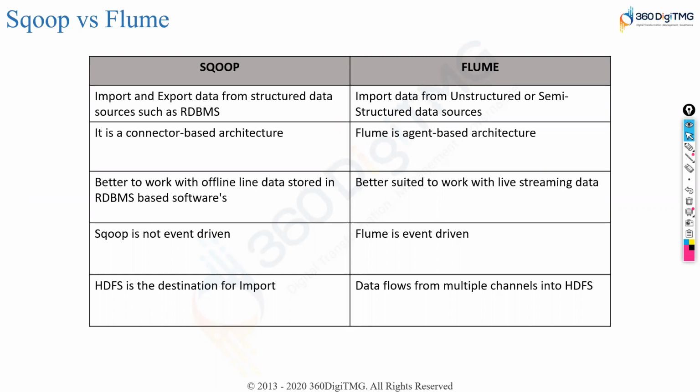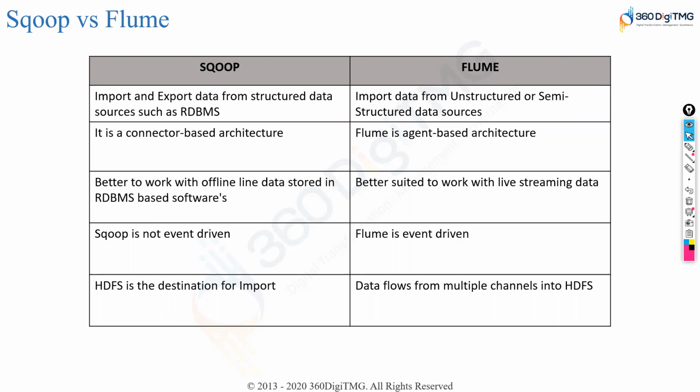Whereas if you talk about unstructured and semi-structured data with respect to Flume, you can extract the data when it is actually getting generated. So live streaming data can be pulled in for processing. Now, Flume is event driven.